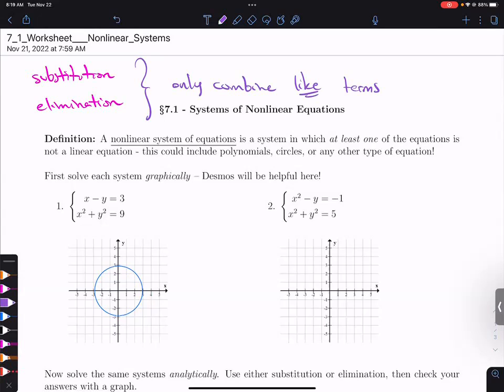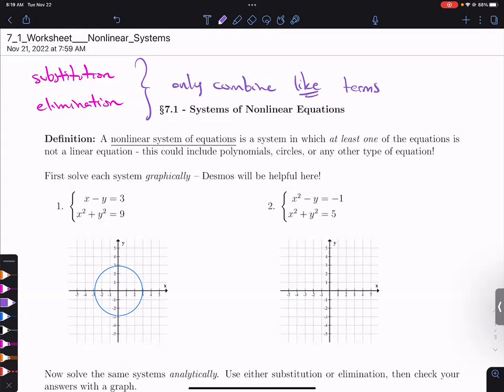Now for the substitution part of it, everything that we did yesterday, we took the thing and solved all the way for y or x or whatever, right? The thing that you're really doing there is replacing, like for like. So I could take the second one, for example.